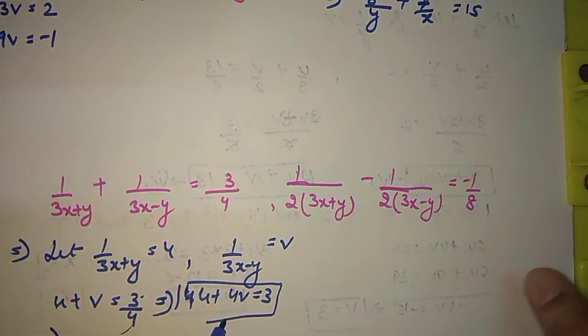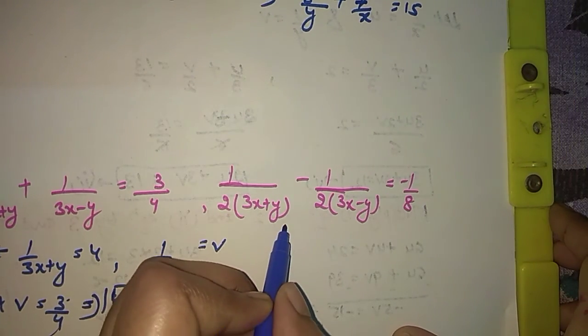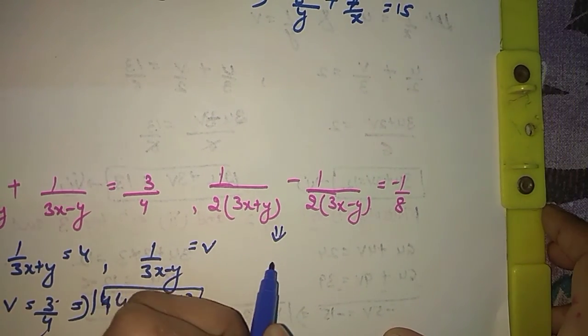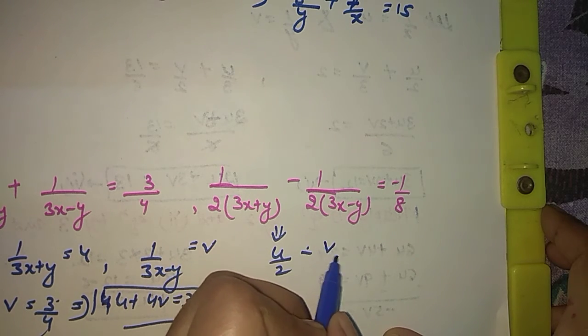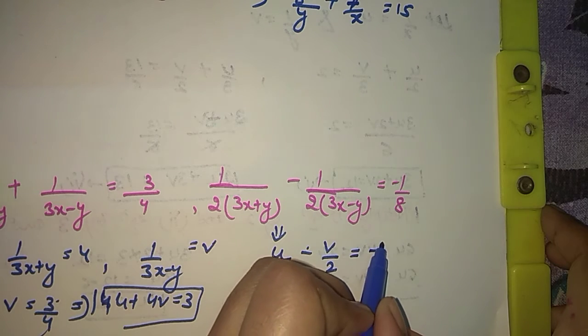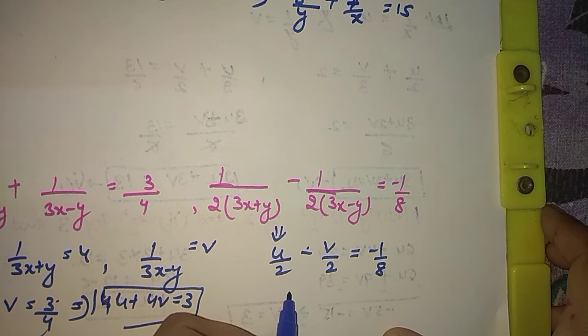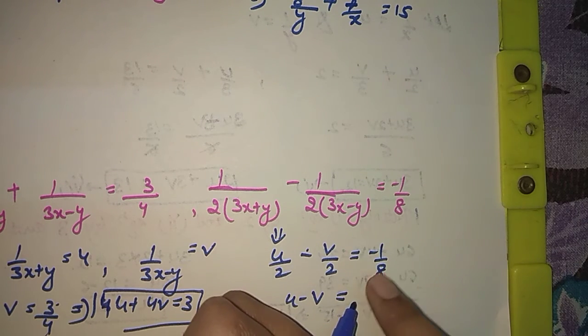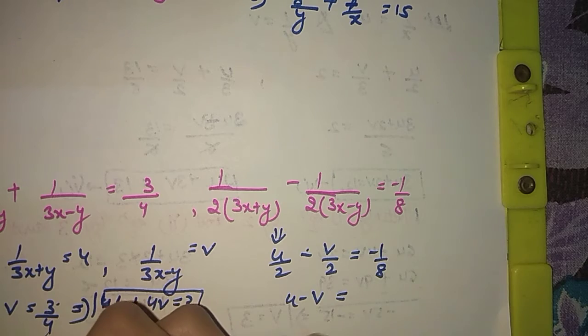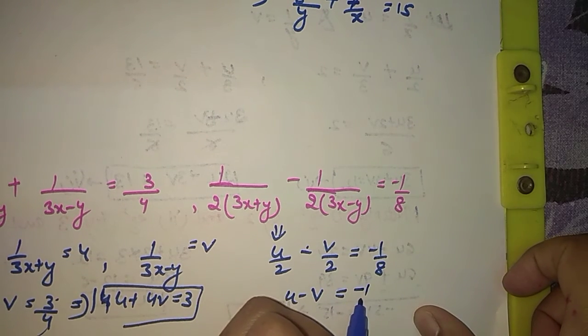Now similarly we can have from this equation, that is u upon 2 minus v upon 2 is equals to minus 1 upon 8. And on taking LCM we have u minus v is equals to minus 2 upon 8 on bringing 2 to this side. So we have minus 1 upon 4.